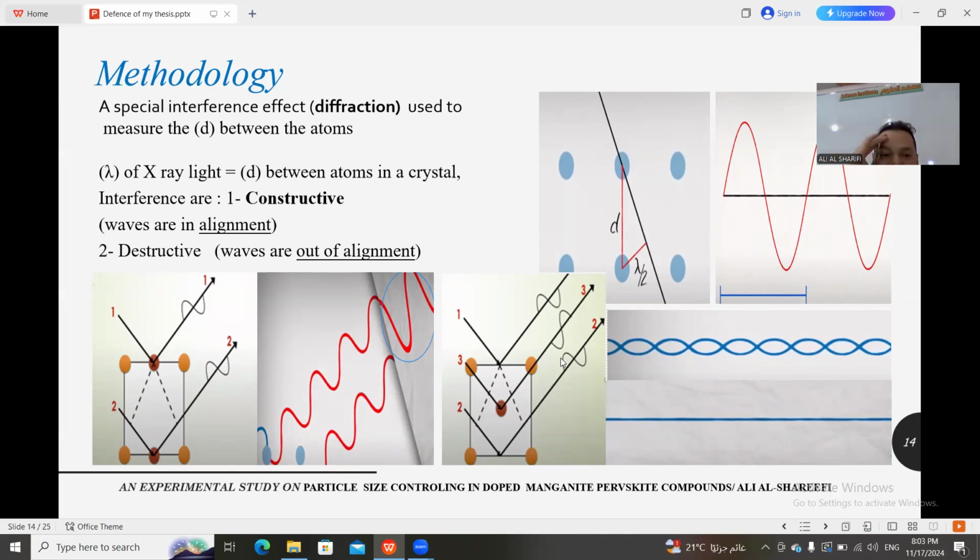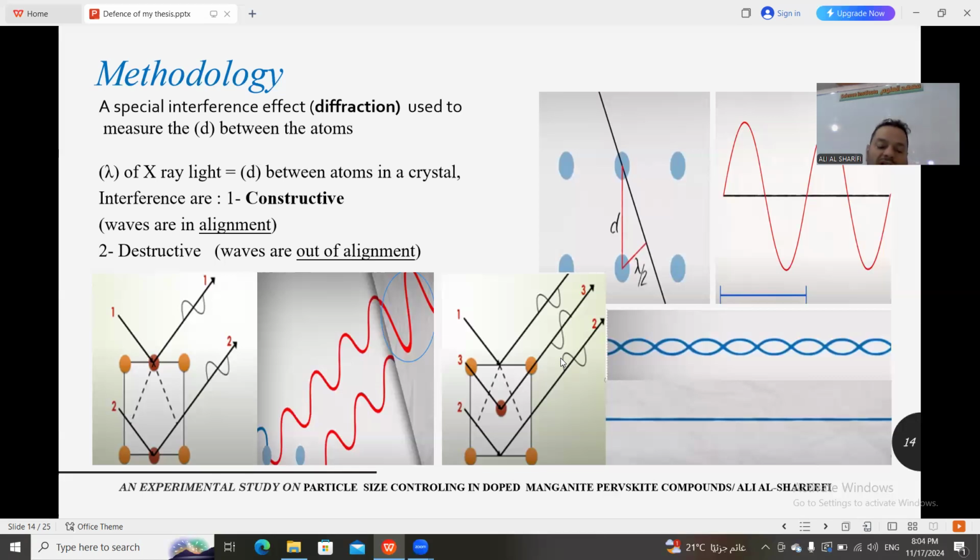These are constructive and destructive. By the constructive, I will have my peaks from the tablet I put inside the X-ray device. And the destructive means waves are out of alignment.